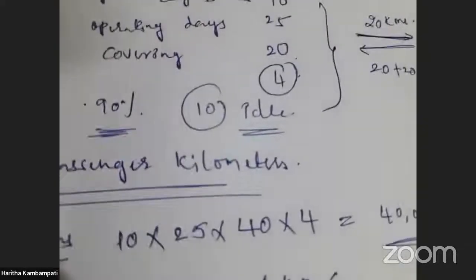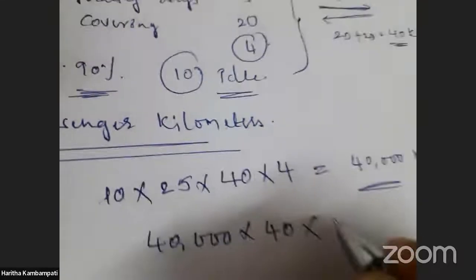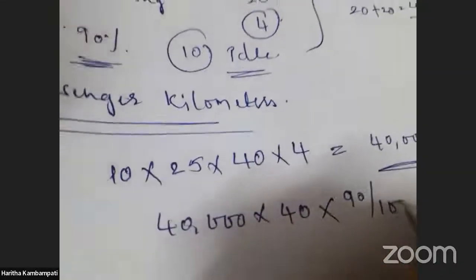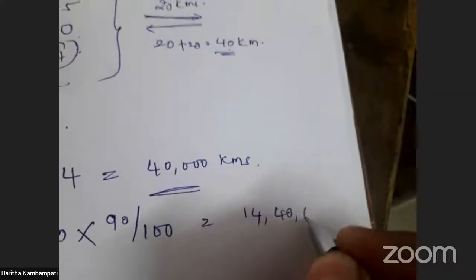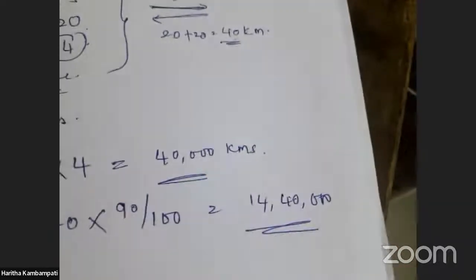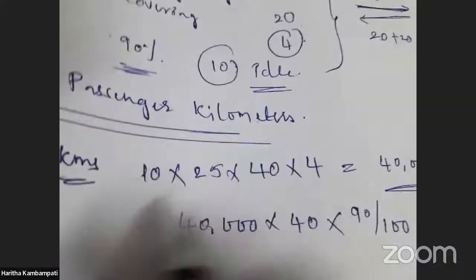So that must be charged to 90% of the passengers itself. So 90 by 100. So this is total passenger kilometers.